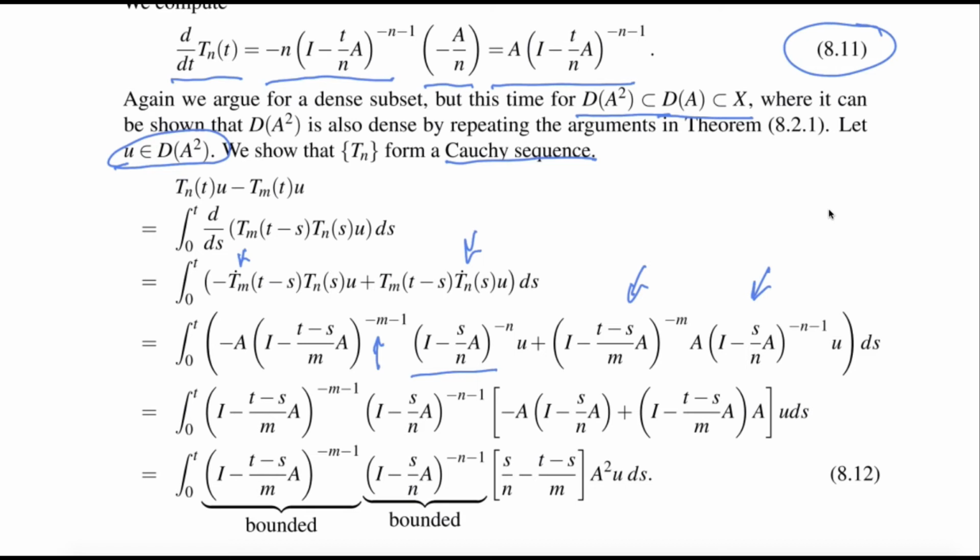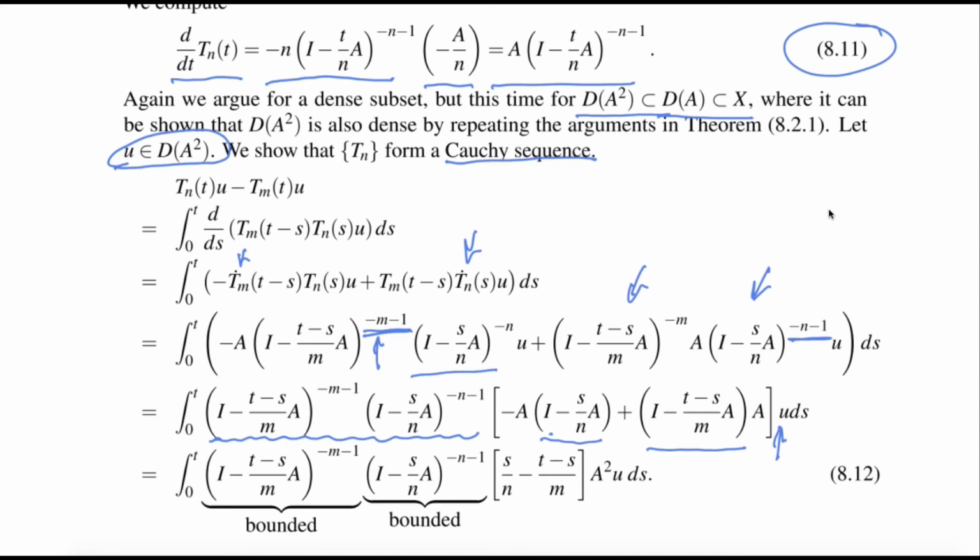So in all this, you can identify common factors, which is the m term to the power of −m−1 and the n term to the power of −n−1. And these are collected then here. These are common factors. And then we just balance whatever we keep. From the first term, we have a minus A, and we have the n term. From the last term, we have A(I − ((t−s)/m)A) and the A term. And then all this, not forget the u at the end.